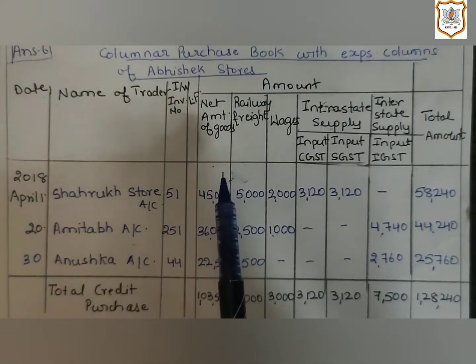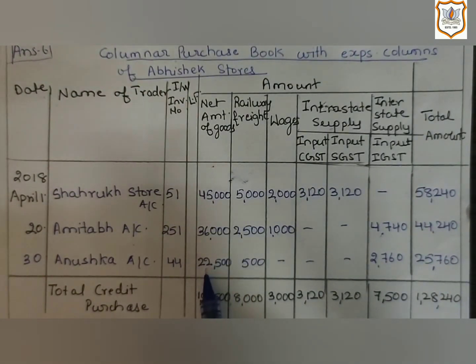Then here we have to record net amount of goods, which is 22,500. That means we have purchased goods of rupees 25,000 and we are given 10% trade discount. So by deducting 10% trade discount from 25,000, we will get 22,500. That means net amount of goods that we have to pay is 22,500. Then railway freight is given 500, that will be recorded.